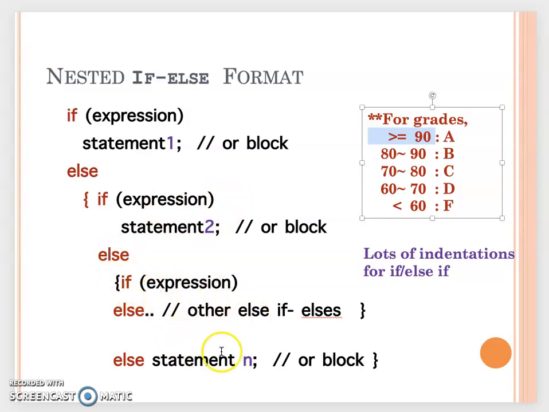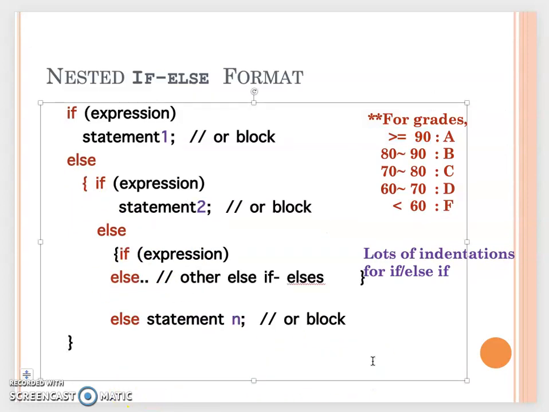So we still need to use a lot of nested if-else statements after your else. If we do so, you will have a lot of braces you need to match, because each else has a block.